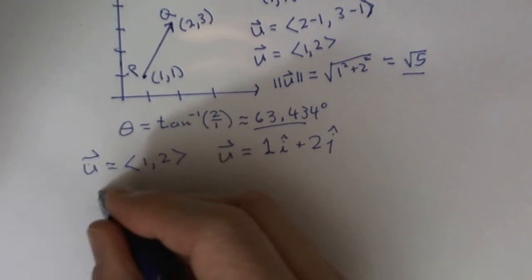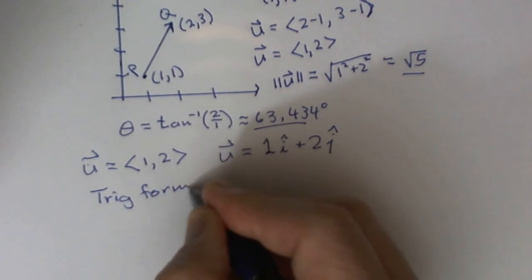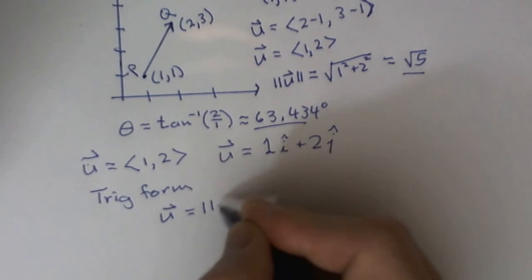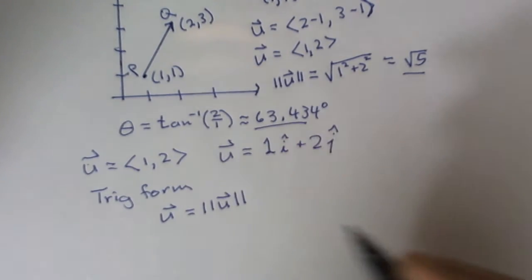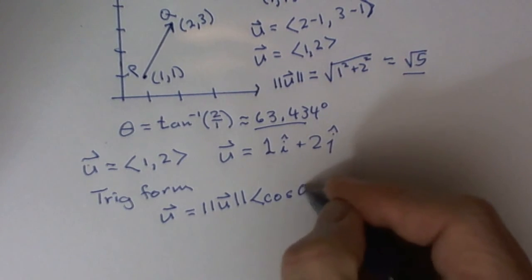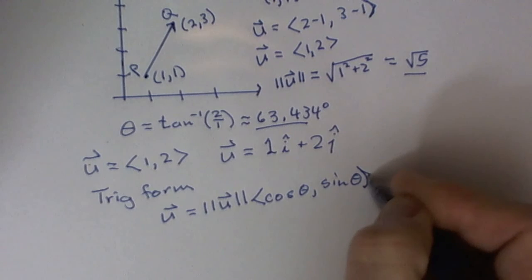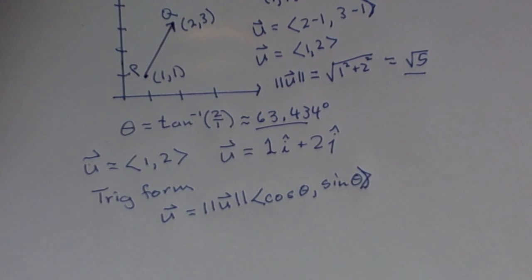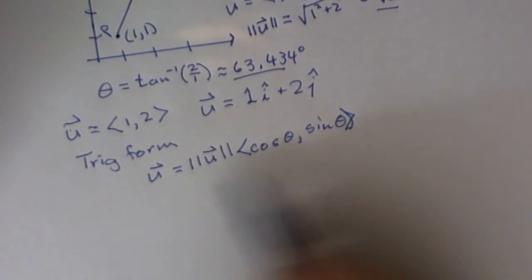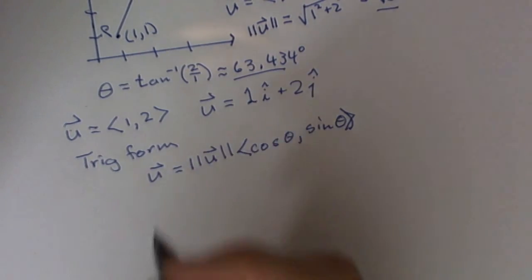Now we could talk about trig form. And trig form, remember, is going to be this. It's going to be the magnitude of u times the vector cosine of theta, sine theta. That's the trig form. Now we've got both of those: we've got theta and we've got the magnitude.